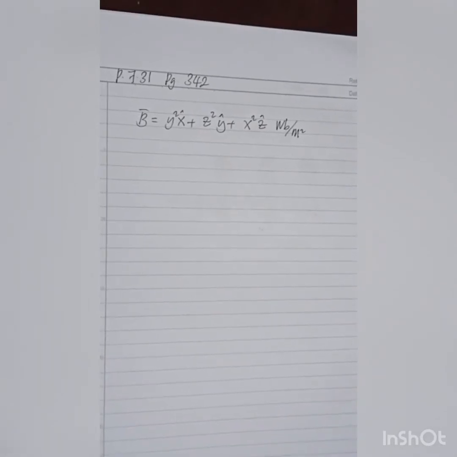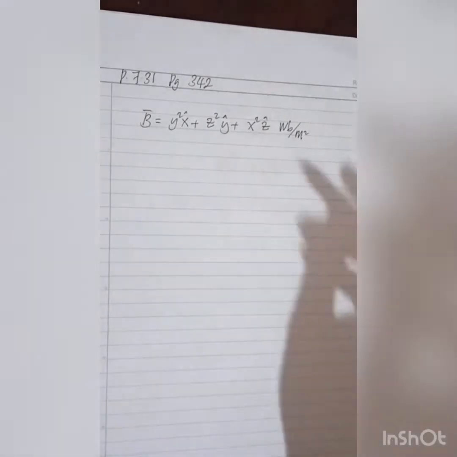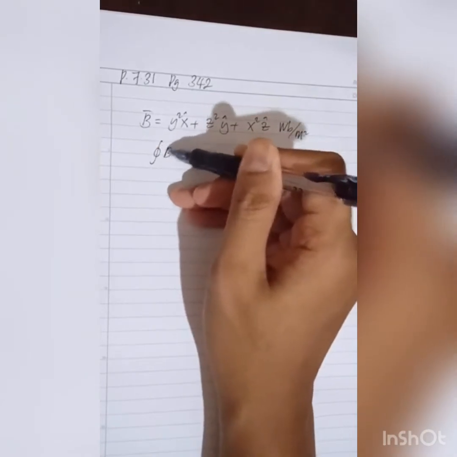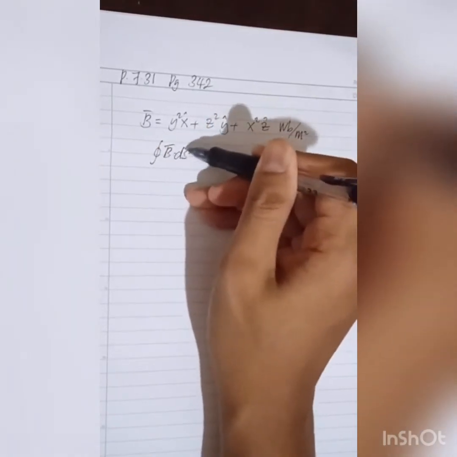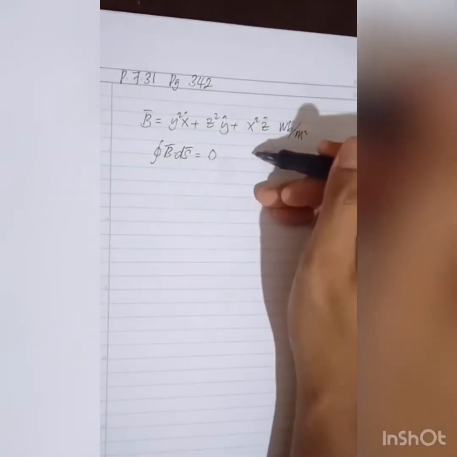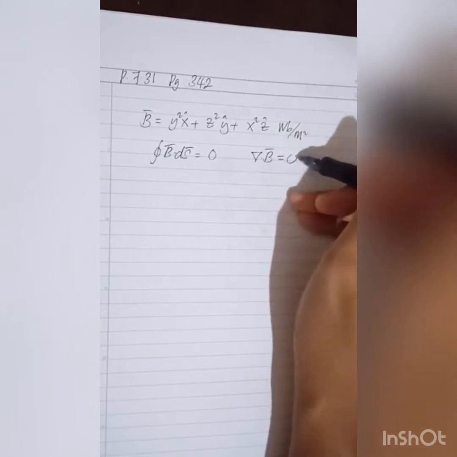Based on our last lecture, we have learned our fourth Maxwell equation in terms of the integral form: closed integral B dot dS equal to 0, or in point form, divergence of B equal to 0.